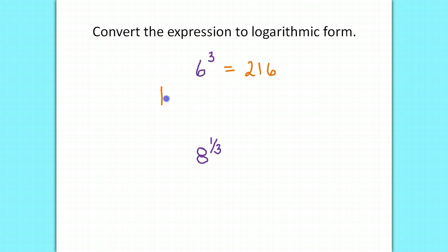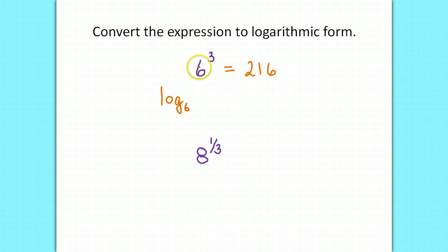So write log, and then you need your base right here. Remember, whatever's in the basement. We call this a base in exponent form, and we also call that 6 a base in logarithmic form.